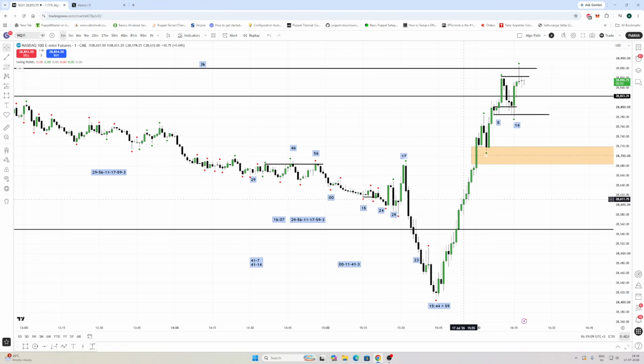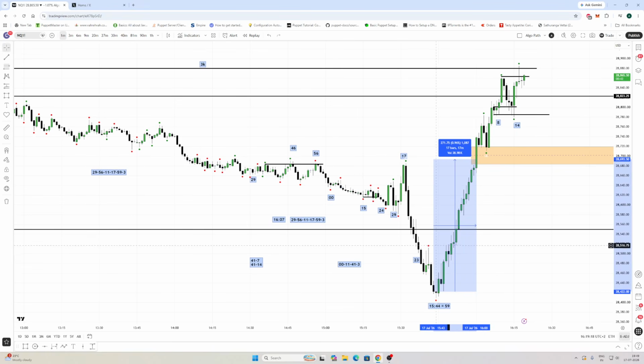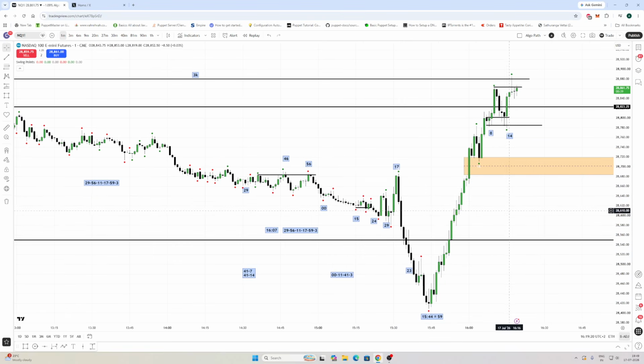I could have held on to one contract until 59 here, but accidentally it got closed. But we would have made almost 270 points. Then I thought 59 would be here and then 3 or 7 in the lows to continue higher. But the market didn't put a 59 pivot here.